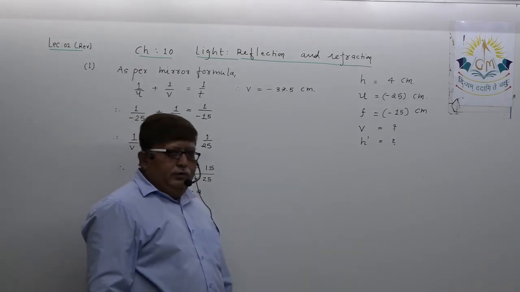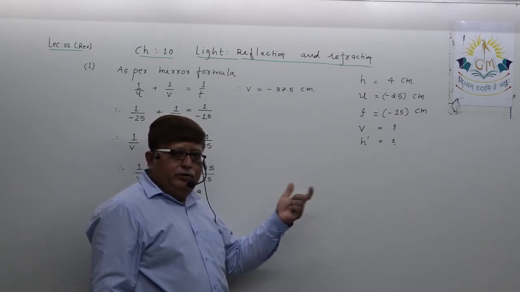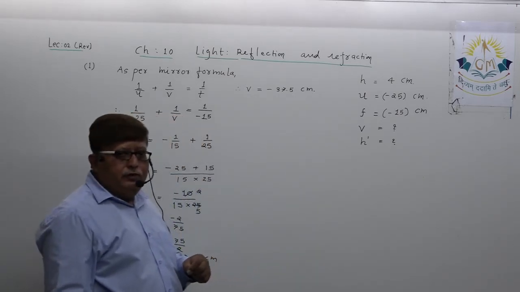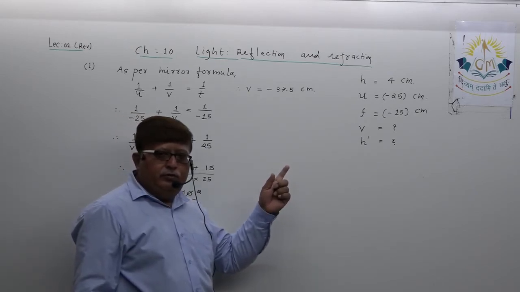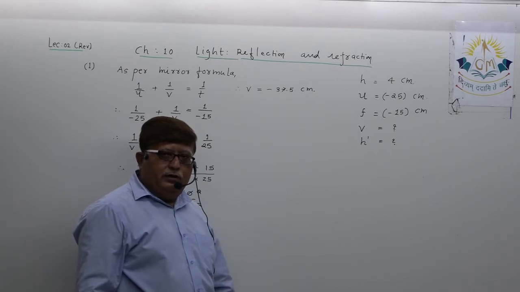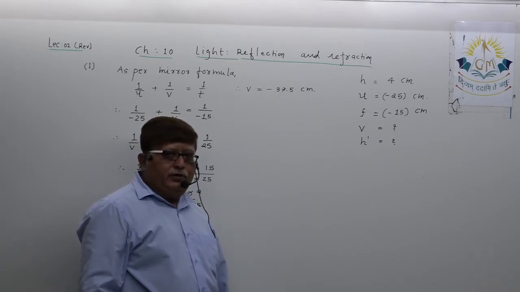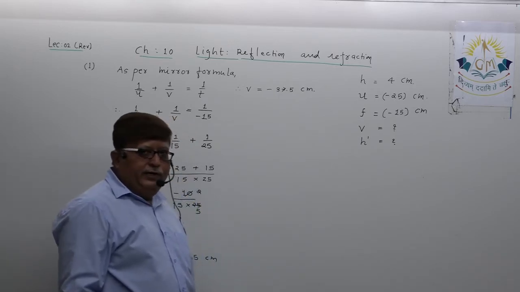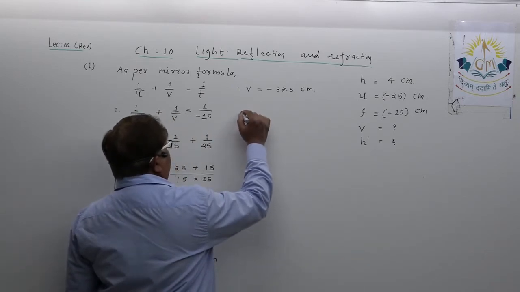Now, my dear student, you got at what distance the screen should be placed, and you also got the idea of the nature of the image just by getting the value of v. Now it's a question of finding image size, height. So for that purpose, you need to find magnification.